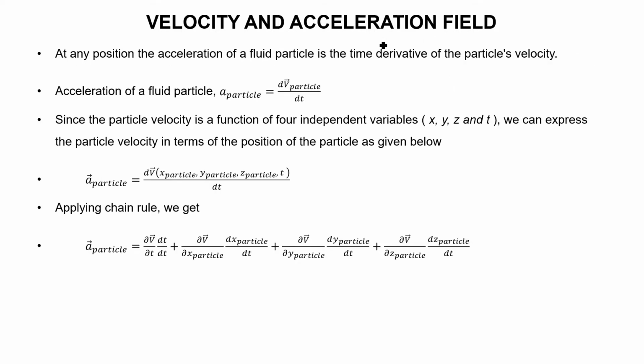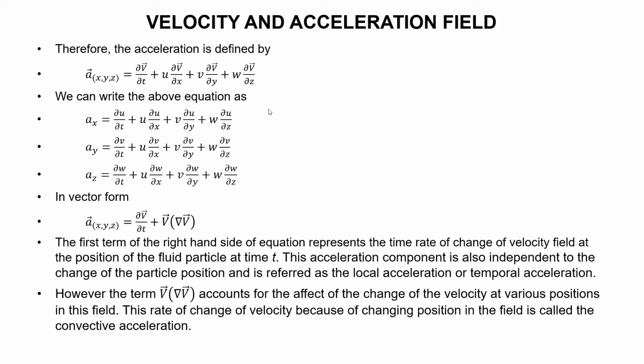The acceleration of the fluid particle at any position is the time derivative of the particle's velocity. After simplifying, we get the acceleration A = ∂V/∂t + u ∂V/∂x + v ∂V/∂y + w ∂V/∂z.